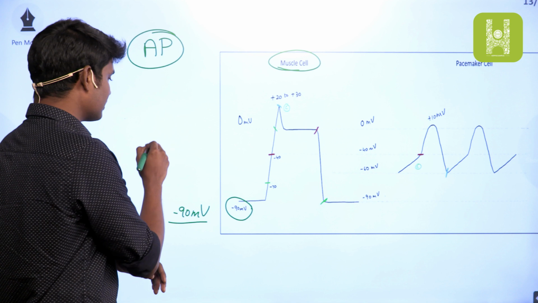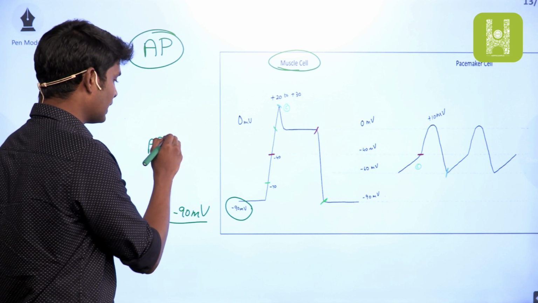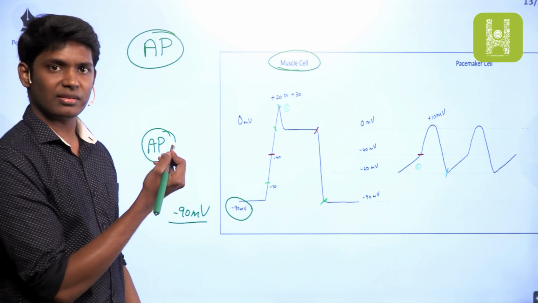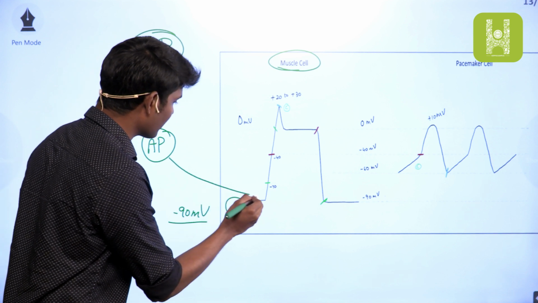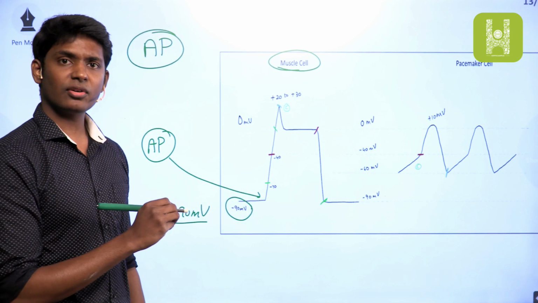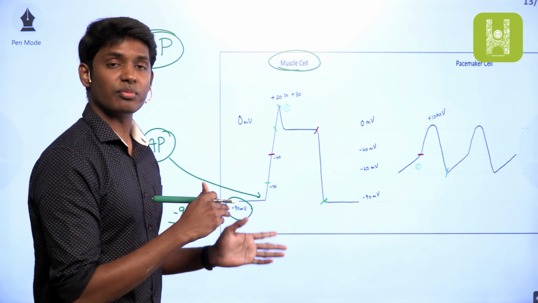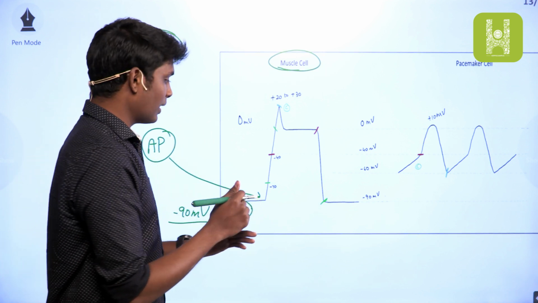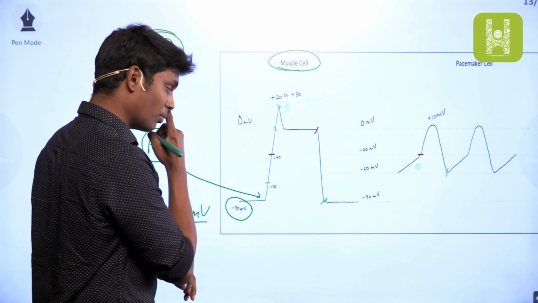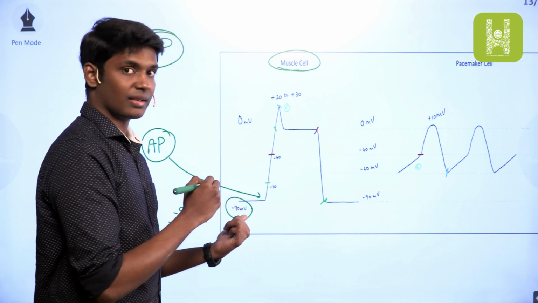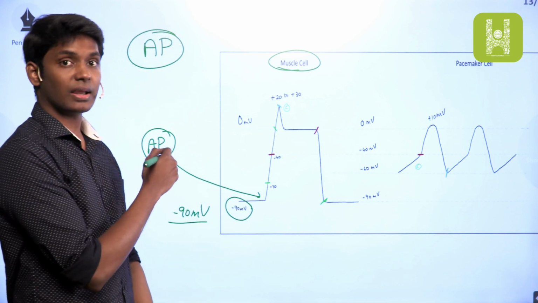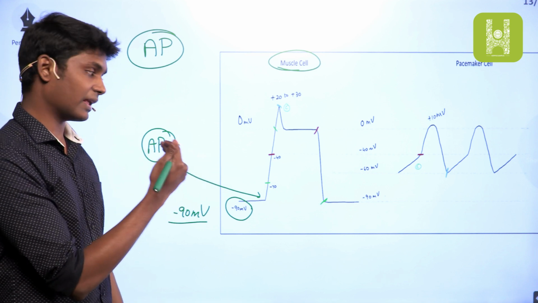And when there is an action potential, when there is electrical current which comes from a neighboring cell to this particular cell, this causes depolarization of the cell. Depolarization means the cell becomes more and more positive, and that is due to movement of sodium inside the cell. That sodium is from the neighboring cell's action potential, I'll explain.